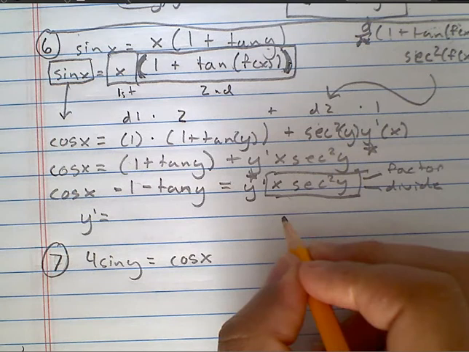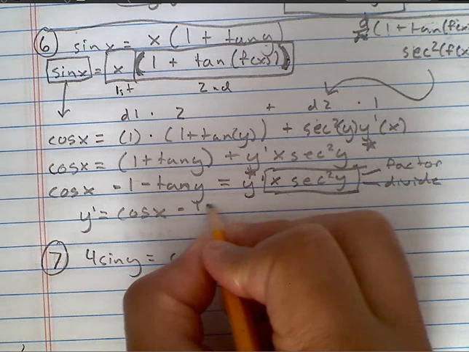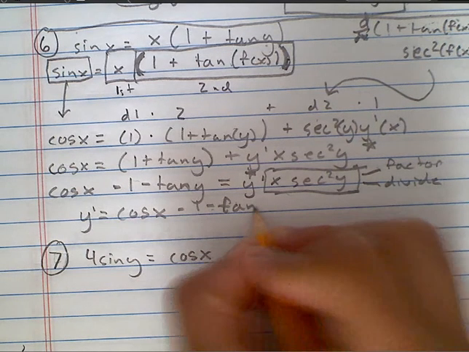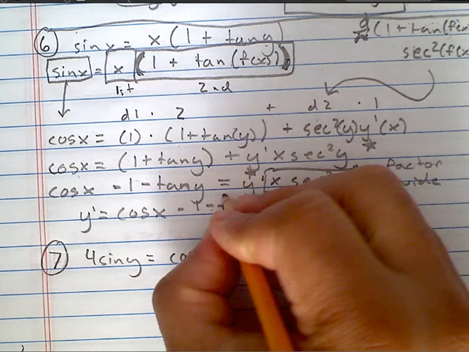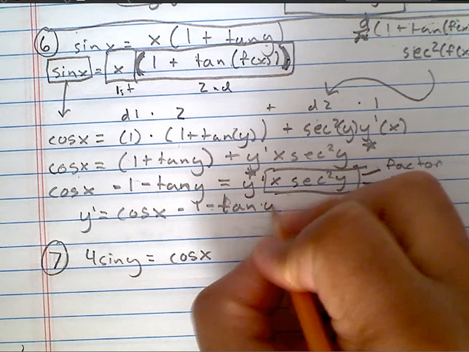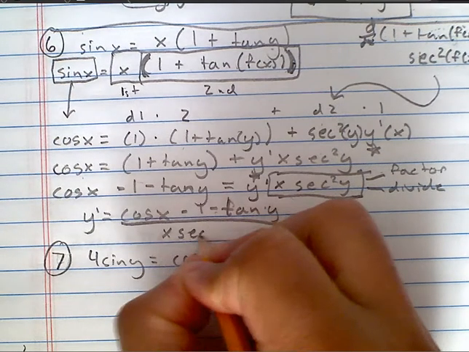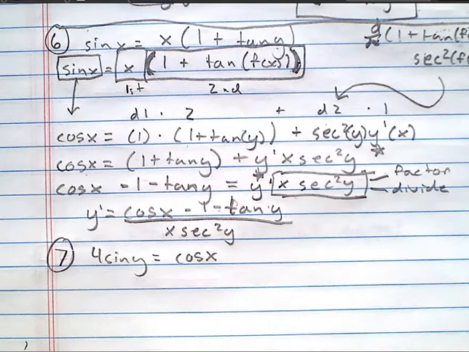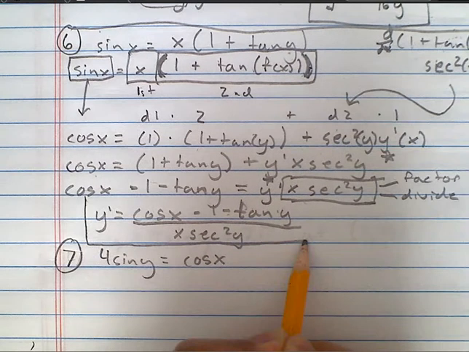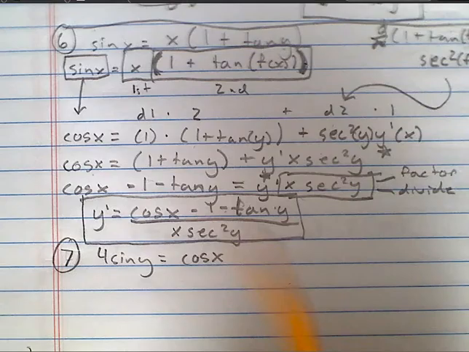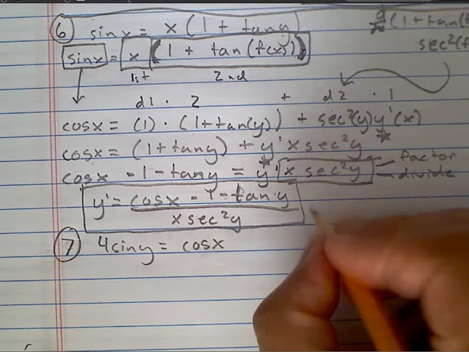So cosine x minus 1 minus tangent y, all over x secant squared y. So there you go. Alright, cool beans. That definitely deserves a boom.